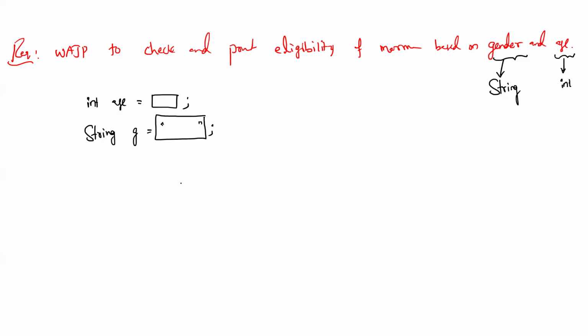Next, how many condition blocks are required? Three: one for male, one for female, one for not possible. So what's the first condition block?